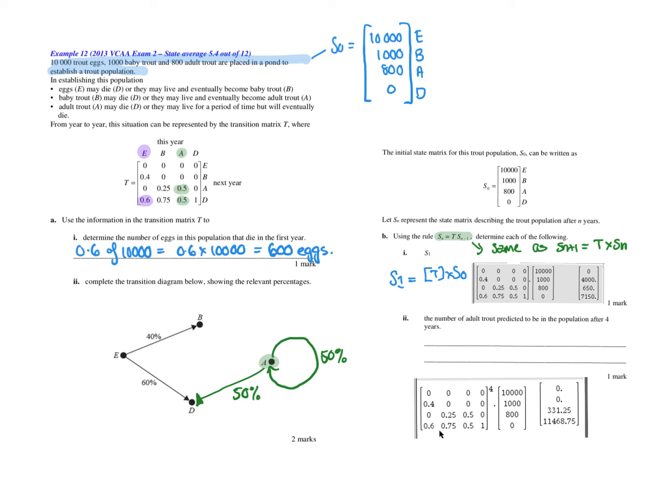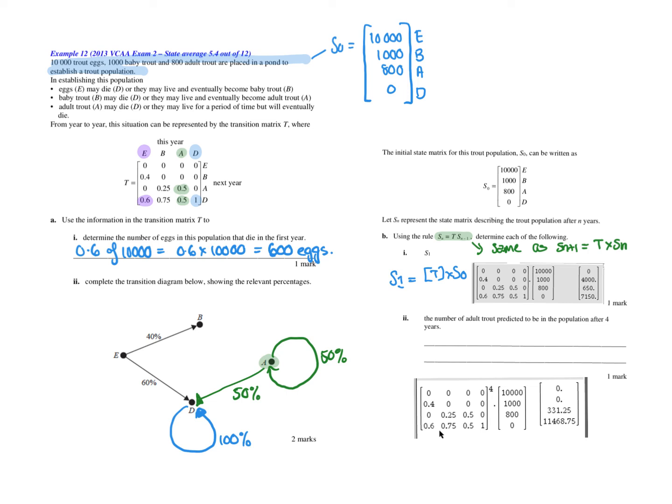Okay, let's have a look at all the rest of it. D, now we have D. If you're at D this year, you're still dead next year, so once you're at D, you're 100% going back to D. And is there anything from B to A?